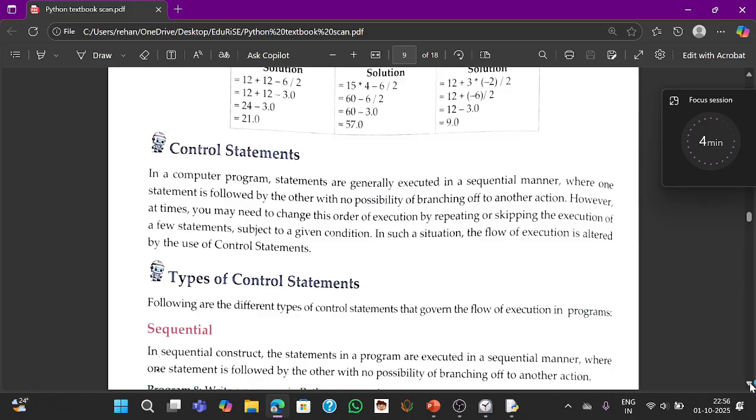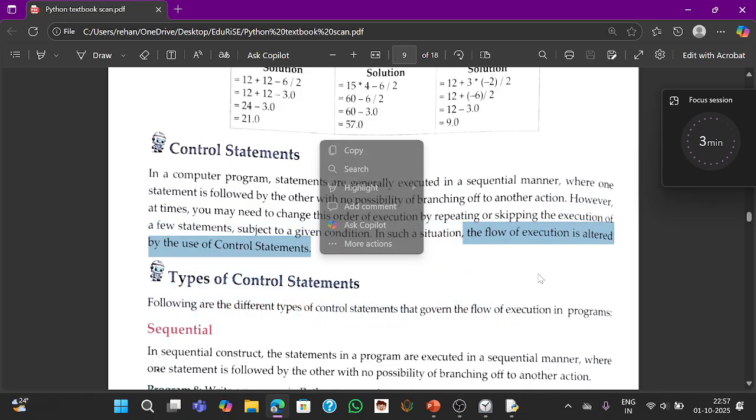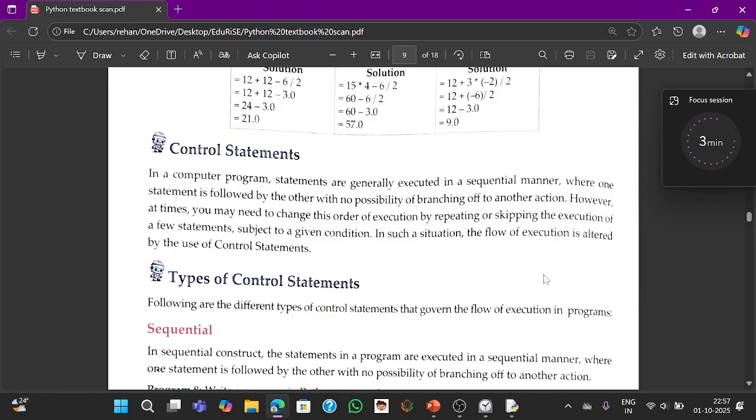Now in Python programming, you will see that the statements are written line by line, one after the other. How the execution of these programs is to be done is taken care of by the control statements. If you read the definition here, we have a flow of execution that is altered by the use of control statements, and it can be in different orders.